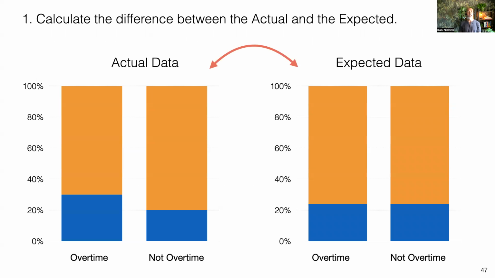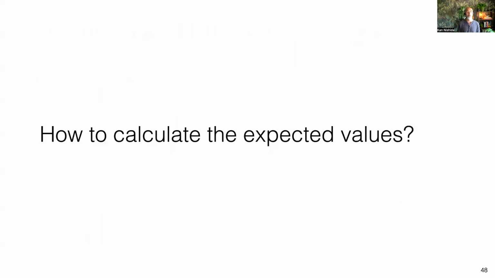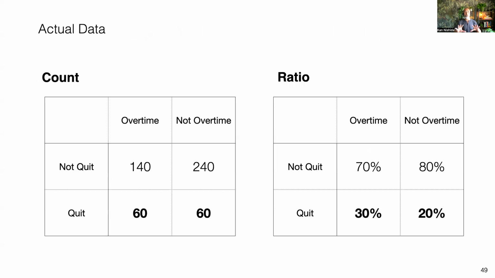Basically, we want to calculate the difference between the actual and expected. In order to calculate the difference, we need to know the expected data, right? So how can we calculate the expected values? This is the actual data we got. The left-hand side is a count, the right-hand side is a ratio.